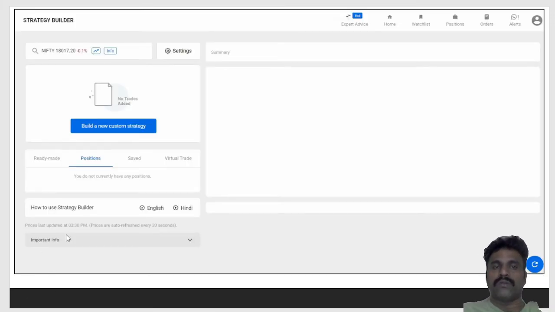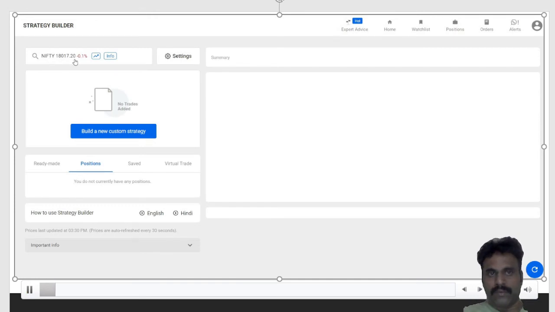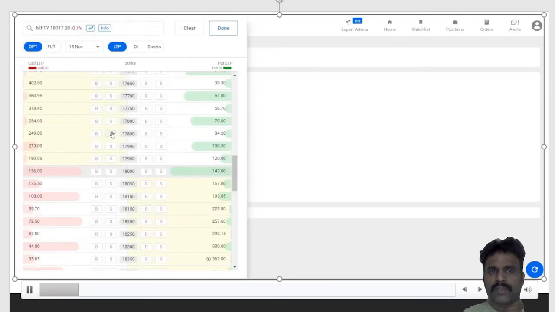Again, as I told you, Nifty is at 18,000 levels. So we are going to buy a put which is at a strike price of 18,000. Let's see now. Nifty is 18,017, so the strike price that we are going to focus on is 18,000.